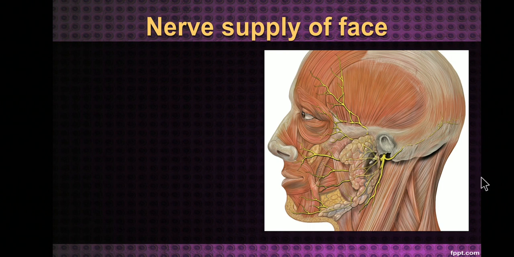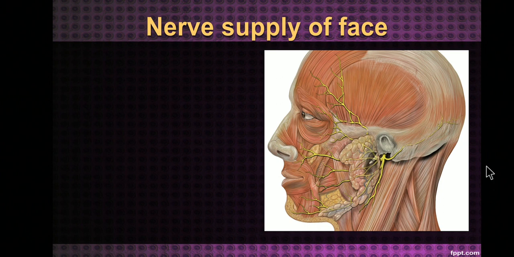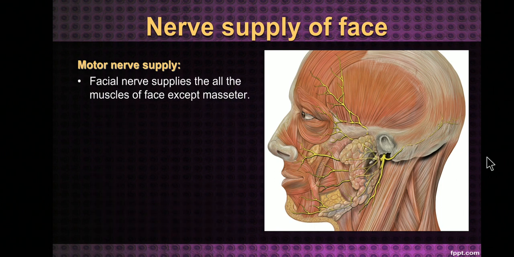Now coming to the nerve supply, first we will discuss the motor nerve supply of the face. The motor nerve supply of the face is mainly by the facial nerve, the nerve of the second branchial arch from which the muscles develop. It supplies all the muscles of the face, whereas one more muscle you can see here, a quadrilateral muscle, is the masseter.